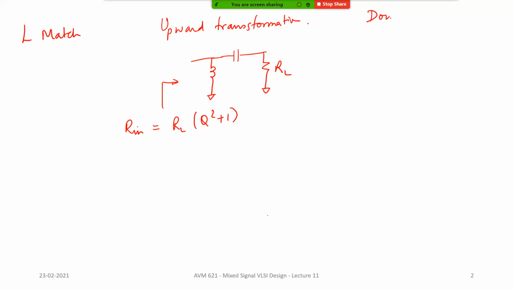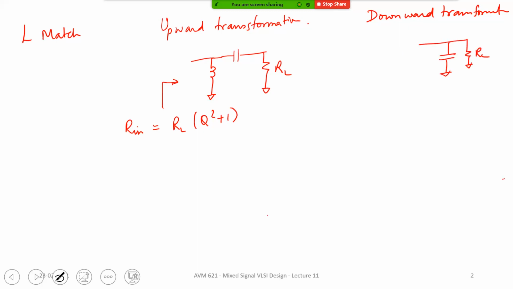Now downward transformation can be done basically by putting the element in parallel with the impedance to be down converted, and here you will get a certain input impedance which can be taken as RL divided by Q squared plus 1.